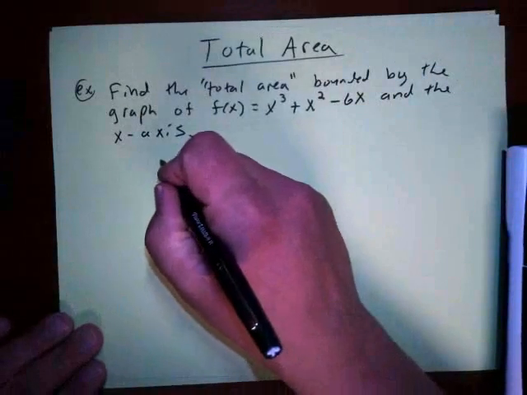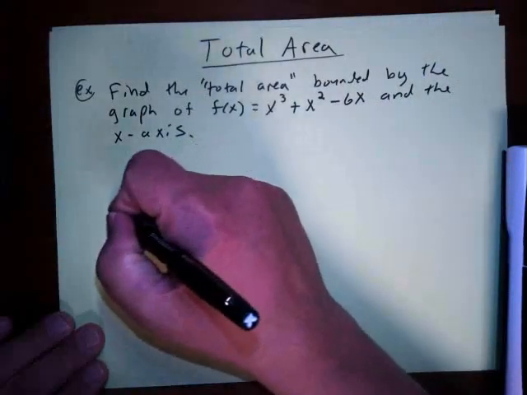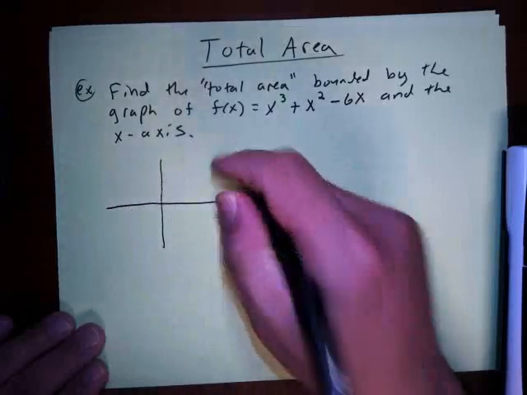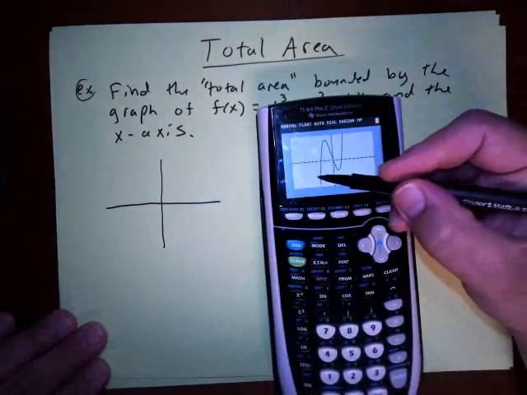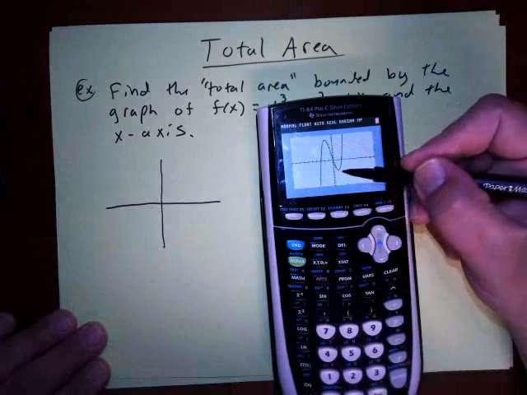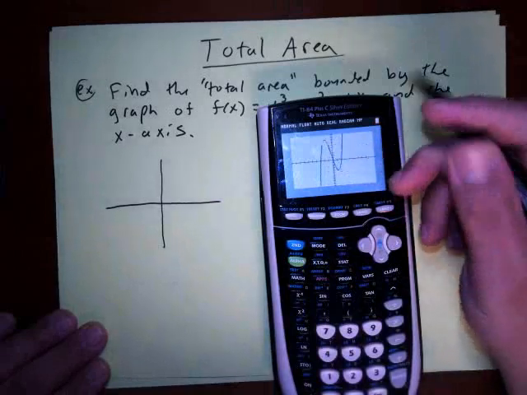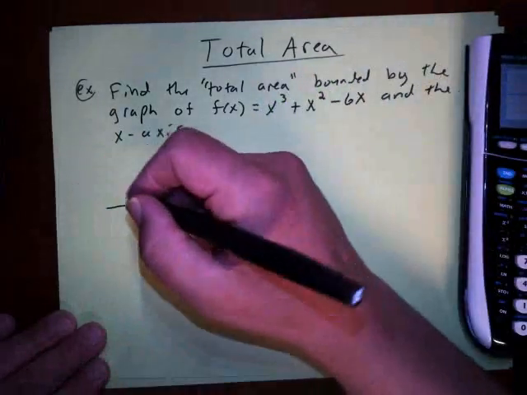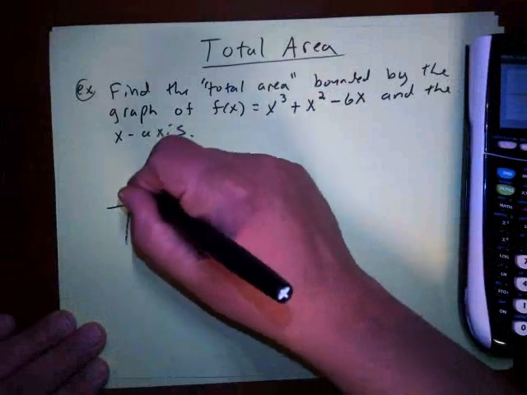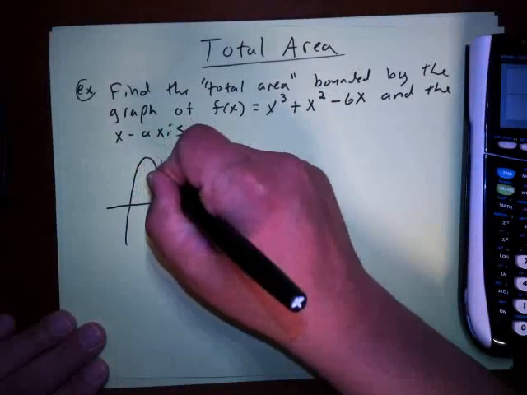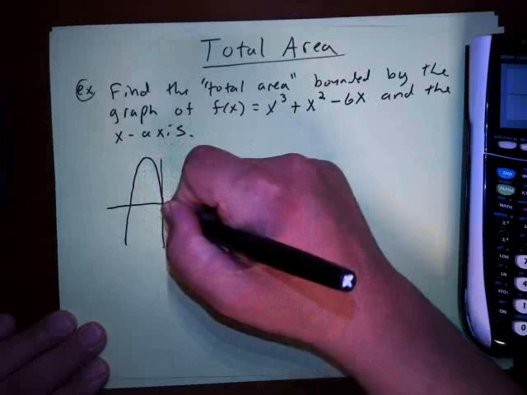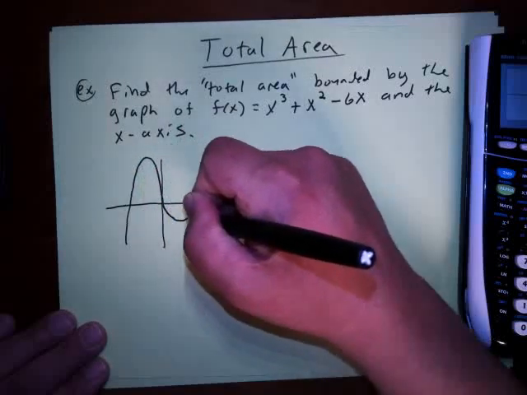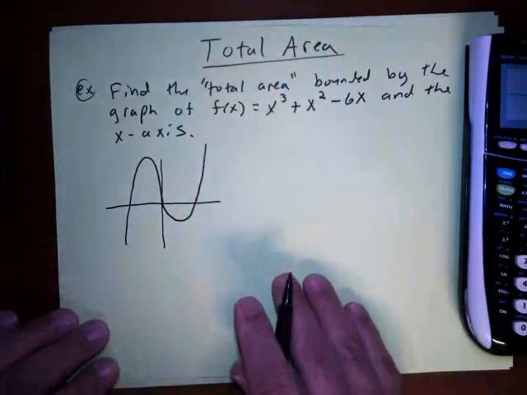And so if I'm going to try to draw it here, you see that there's two humps, and one is a lot bigger than the other. So it goes up, and then it goes down, and it's kind of like this.